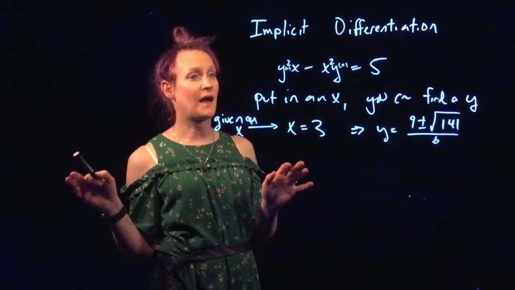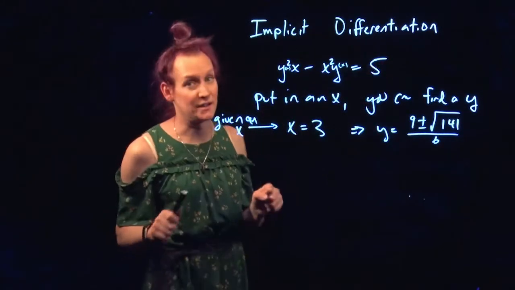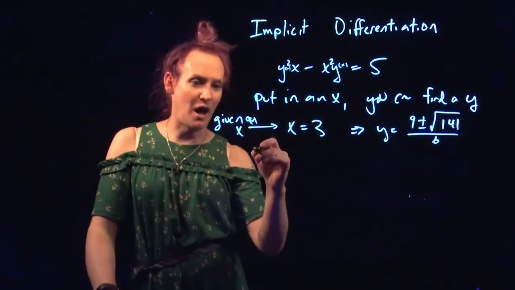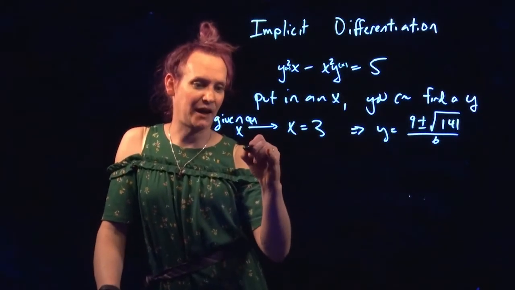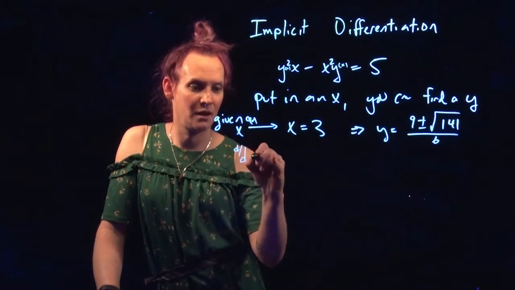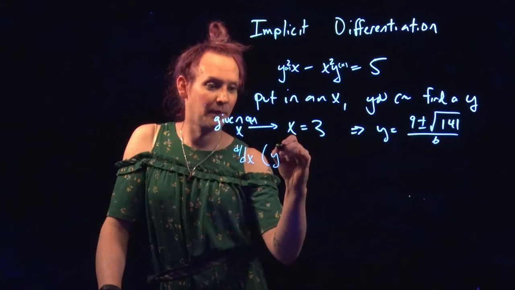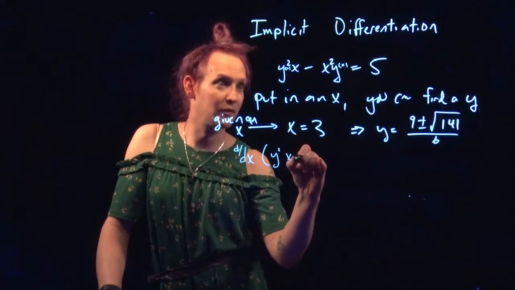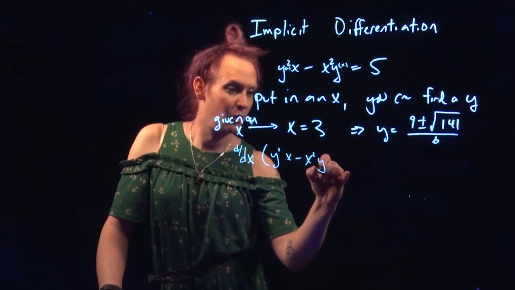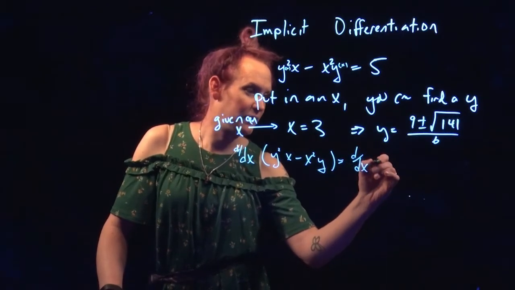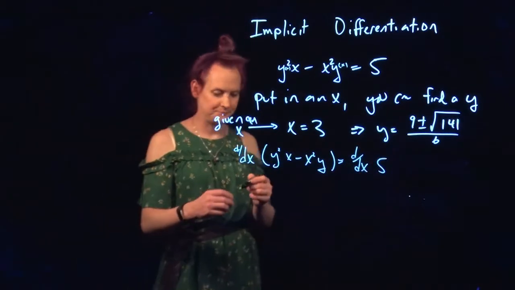Another way of saying that, I'm just going to differentiate both sides of this equality. I want to apply the d/dx operator: d/dx of y squared x minus x squared y equals d/dx of 5.